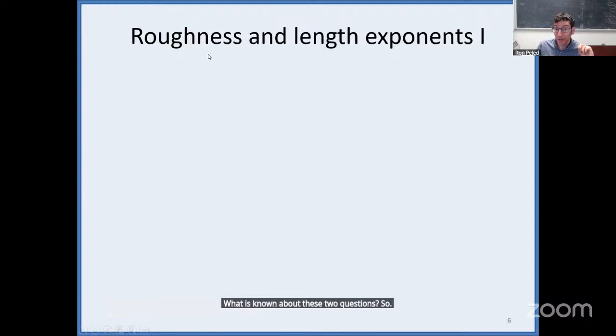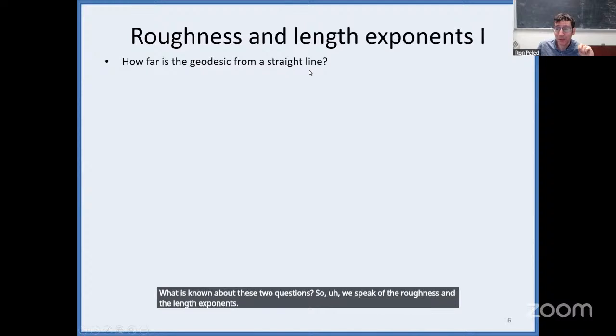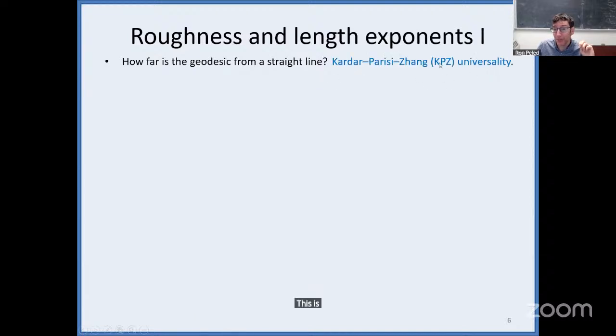So we speak of the roughness and the length exponents. How far is the geodesic from a straight line? A straight line is what you'll get if you had no randomness. This problem is supposed to be in the Kardar-Parisi-Zhang, KPZ, universality.